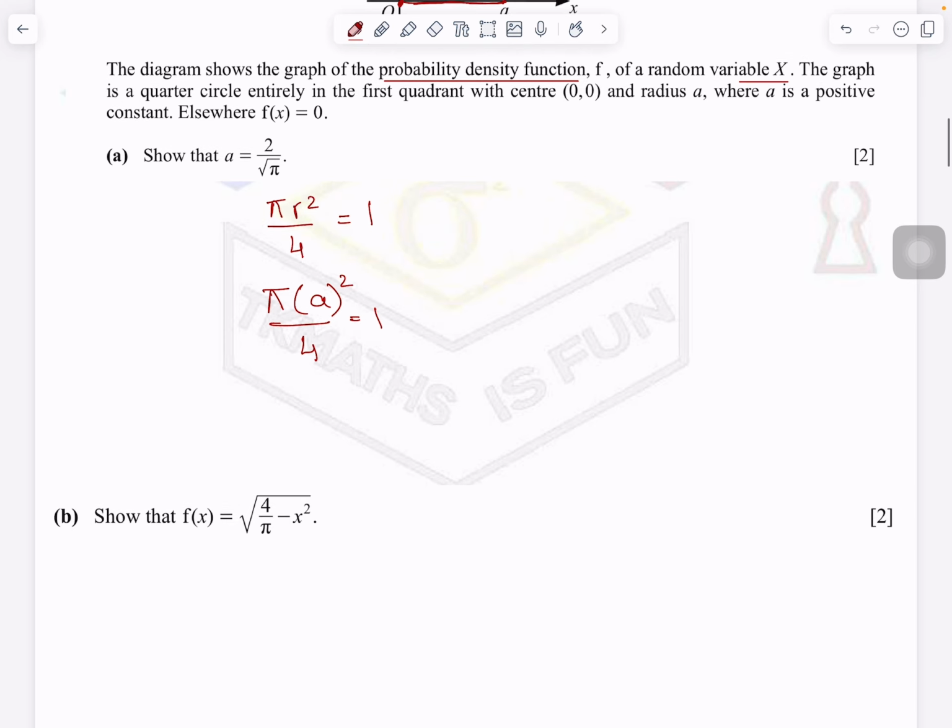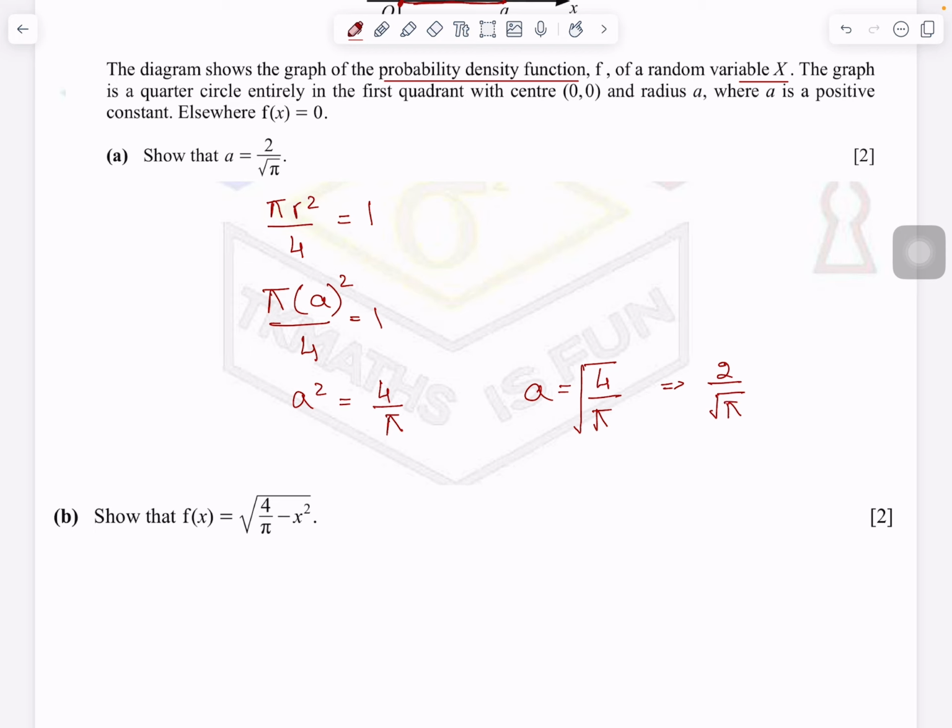Right. And then we have to find the value of A according to the question. So you just manipulate the formula and the value of A will be root of 4 over pi, which is equal to 2 divided by root pi. So we have shown what we have to prove here.